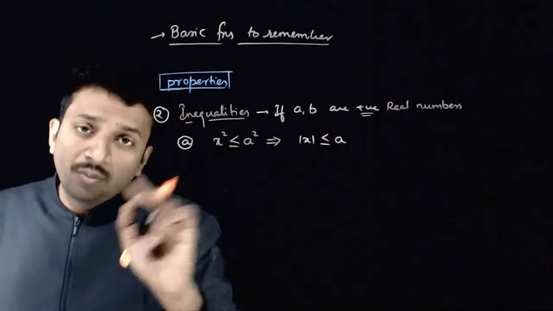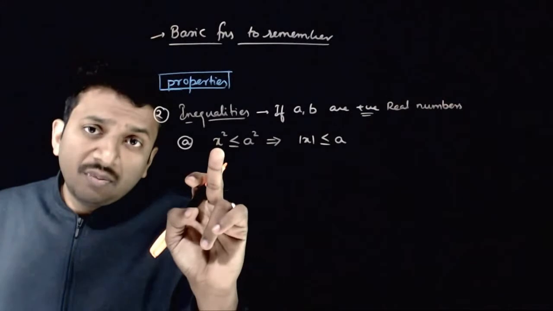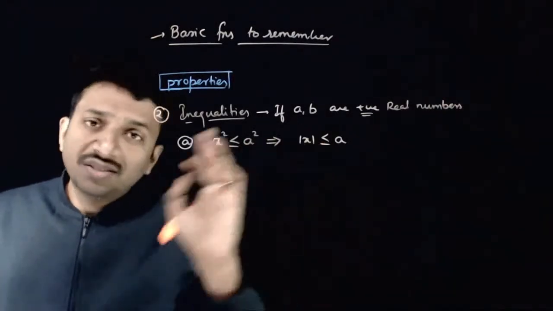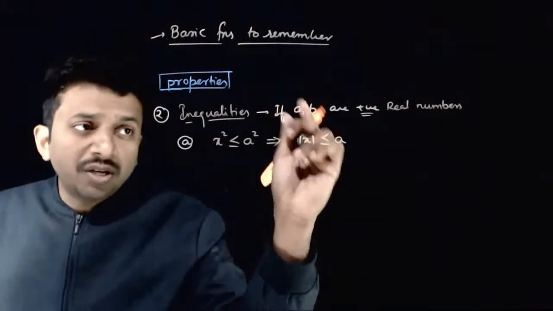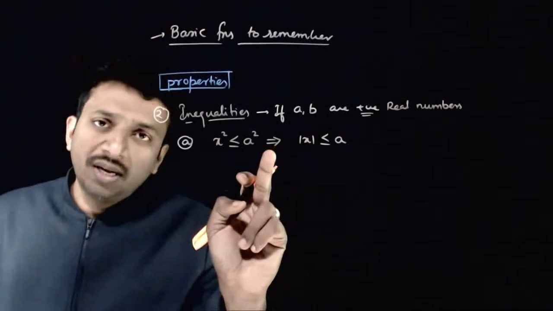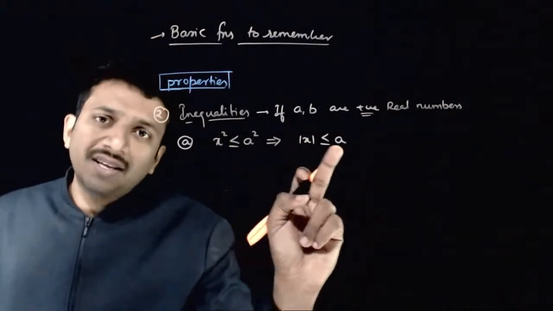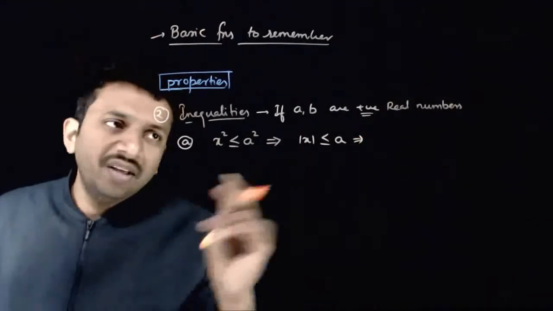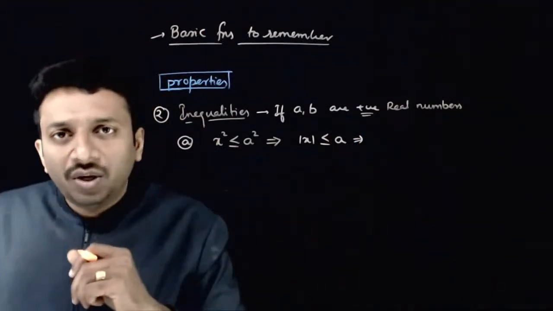If I take the square root on both sides, square root of x square is mod x and square root of a square is mod a, but if a is positive, I can write it as plus a. So x square less than or equal to a square is the same as mod x less than or equal to a.